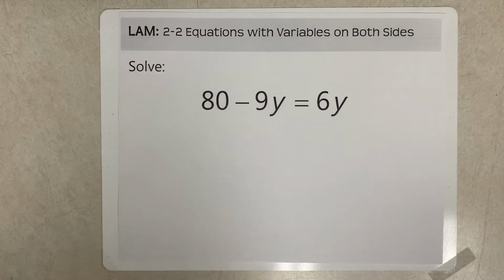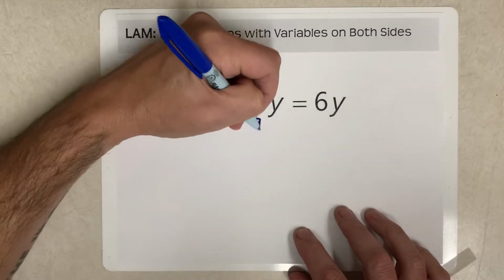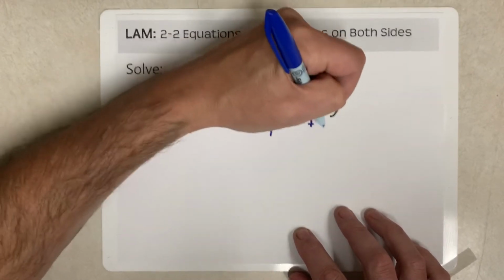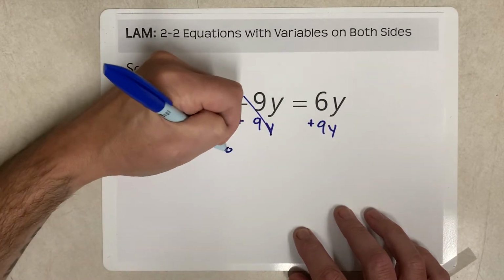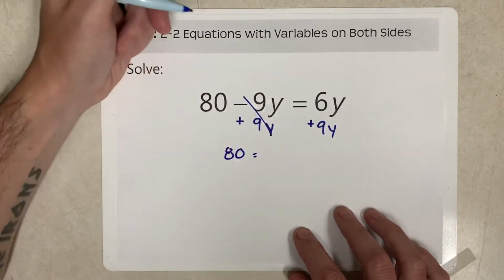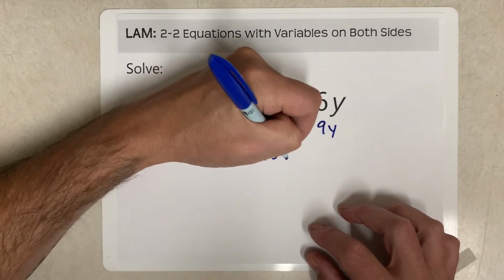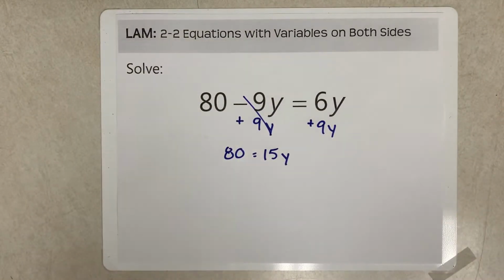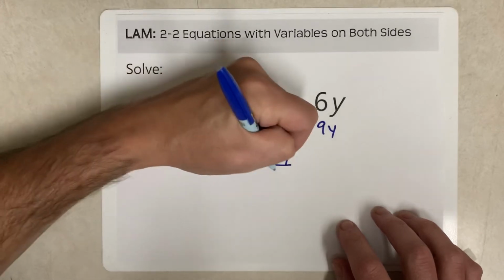80 minus 9y is equal to 6y. I'm going to go ahead and add 9y to both sides to see what happens. Cancel. Bring down my 80. 9 and 6 makes 15. So now I need to divide 80 by 15.